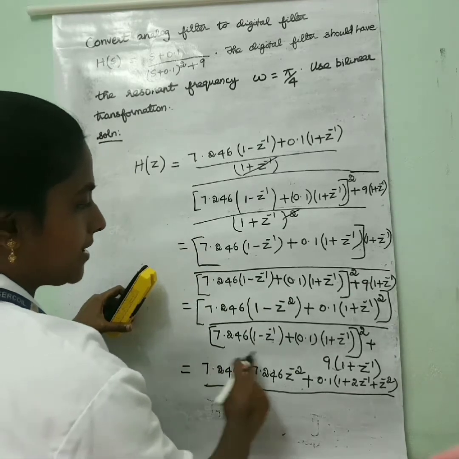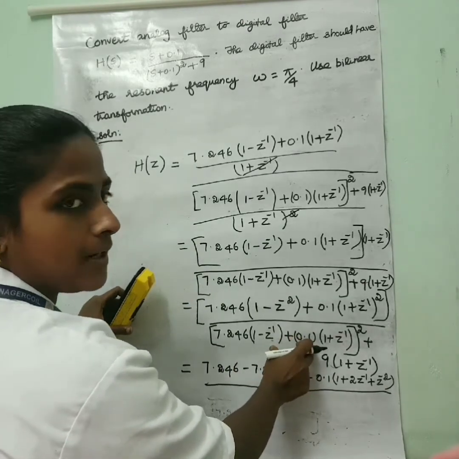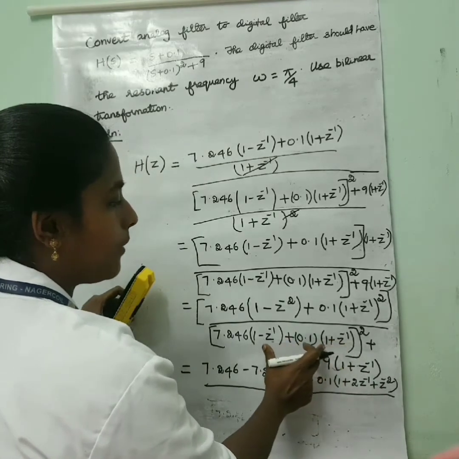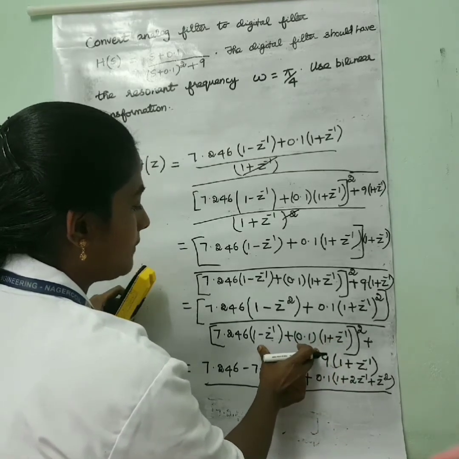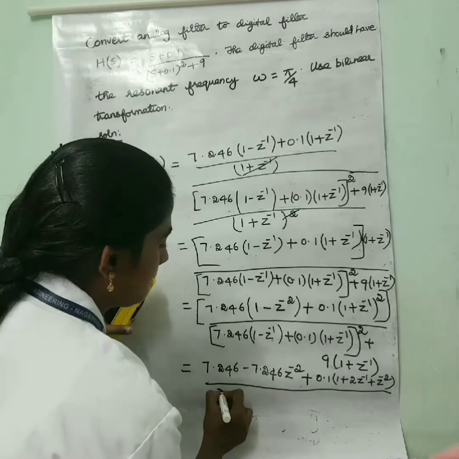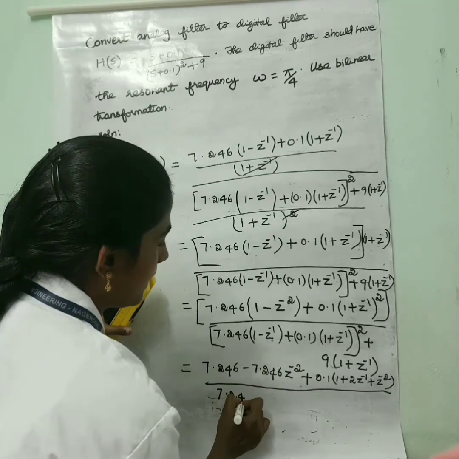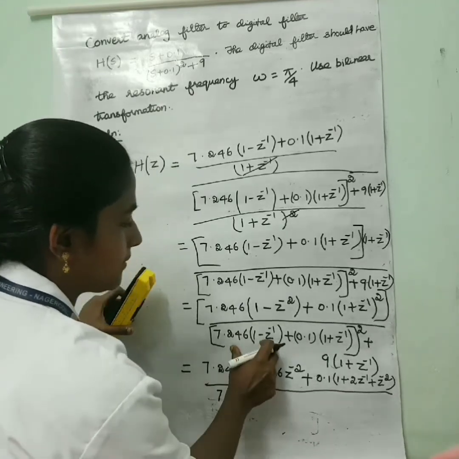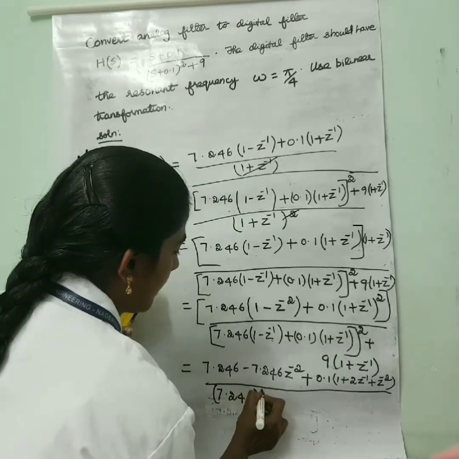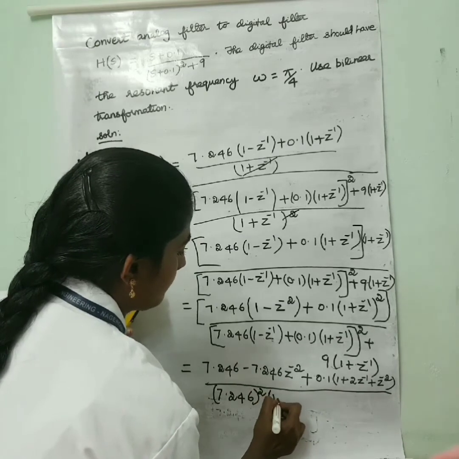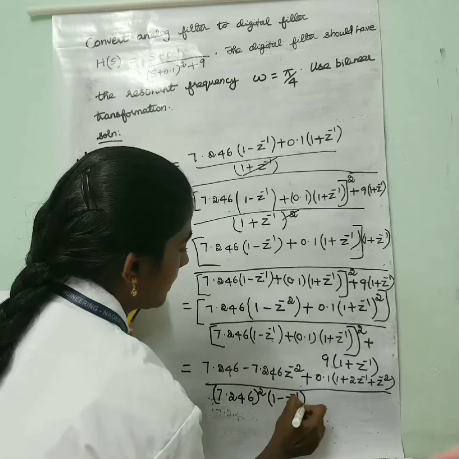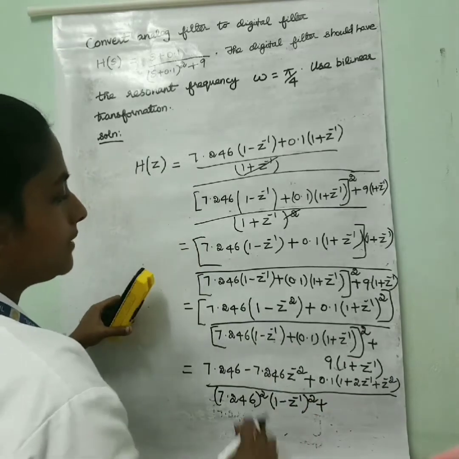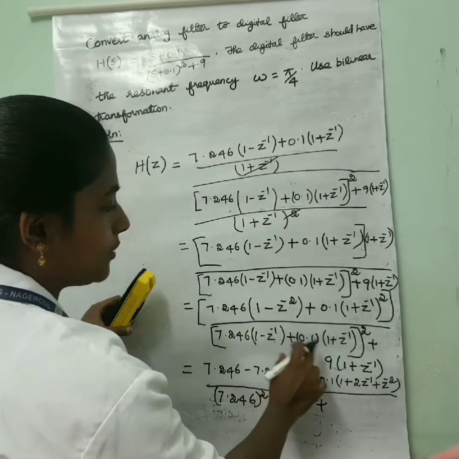And in the denominator you can write this with the (a plus b) the whole square formula. So you will get 7.246 square, that is a square, into 1 minus z power minus 1 the whole square, plus 2ab. You can multiply this value two times.